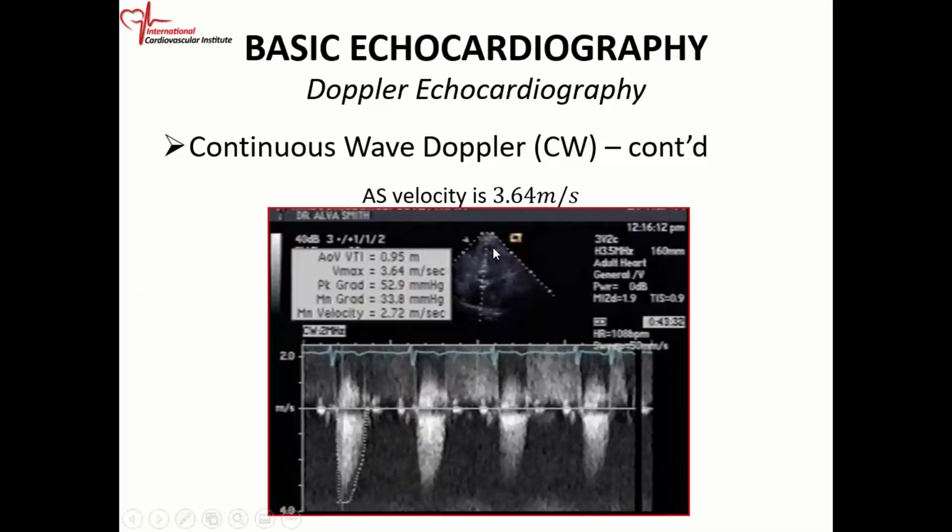In systole, blood is going to force its way across the aortic valve into the aorta. But because the aortic valve is narrowed, the velocity is going to be increased. So this is what it looks like. Because the blood is flowing away from the transducer, it's below the baseline.